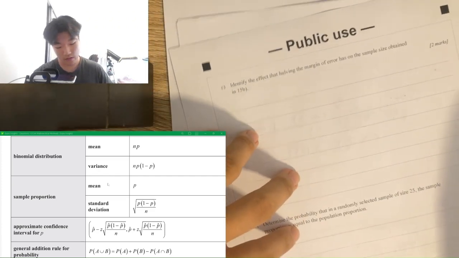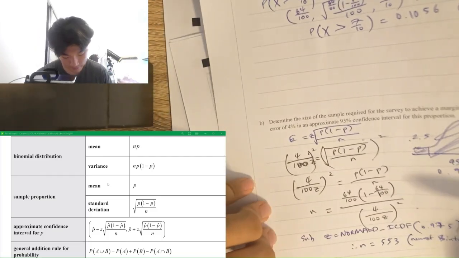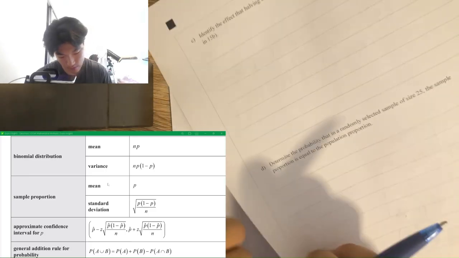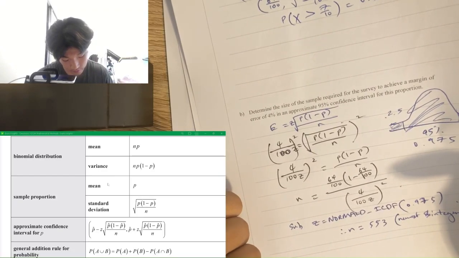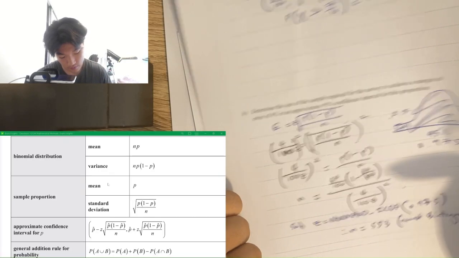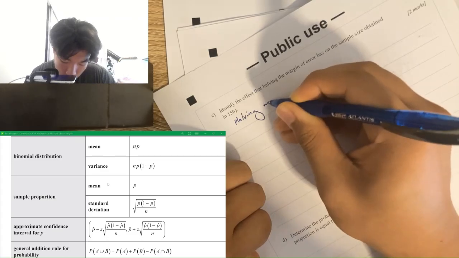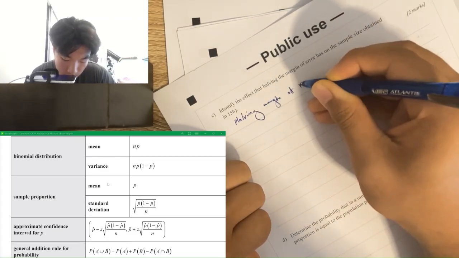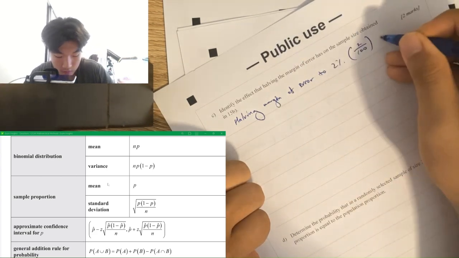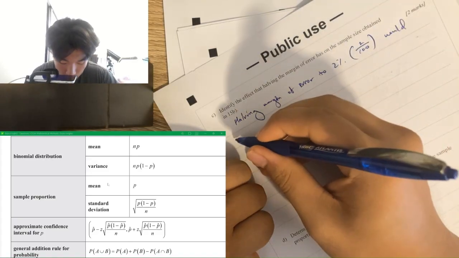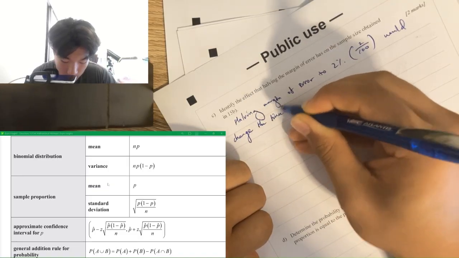Identify the effect that halving the margin of error has on the sample size obtained. The margin of error, halving the margin of error to 2% would change the final equation.